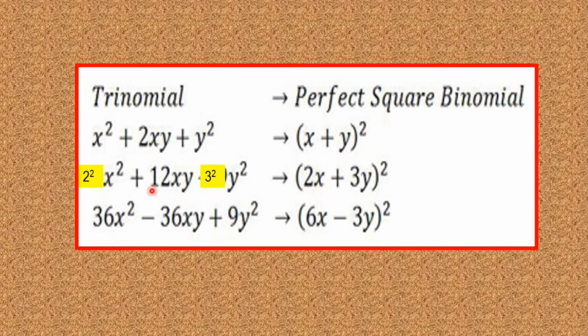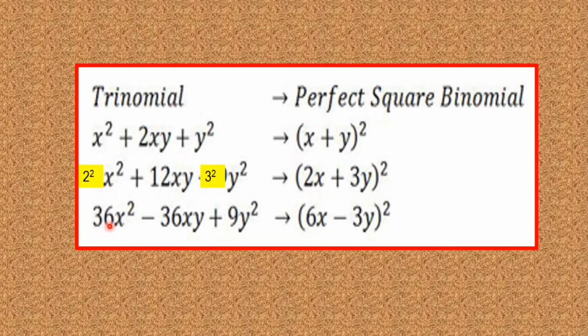Ito siya. And then, yung sign ng middle term, which is plus. And the root ng last term, 3y. So, the answer here is 2x plus 3y, or the quantity of 2x plus 3y squared.